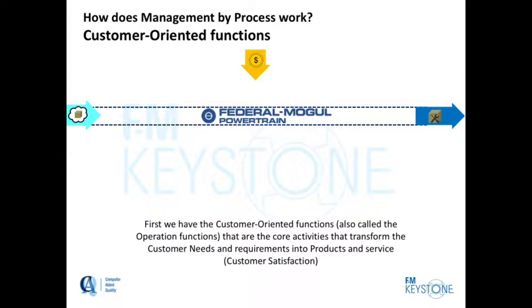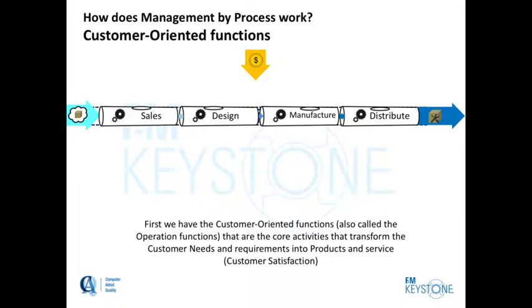These are the essential ones that transform the needs and expectations into products and services. You are familiar with these. We have a sales process, a design process, a manufacturing process, and finally a distribution process.